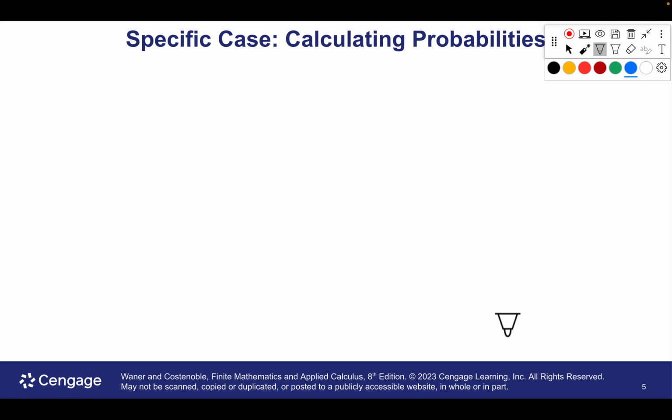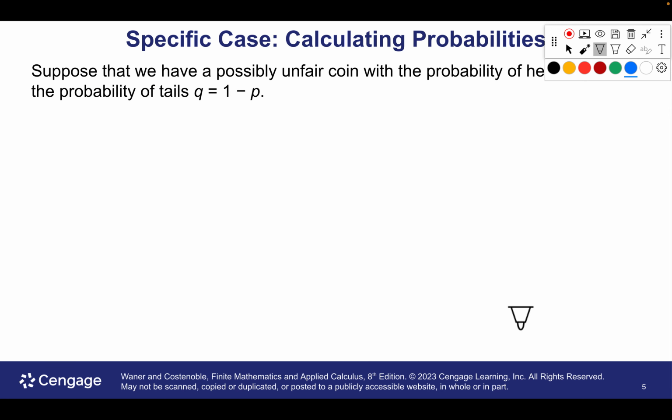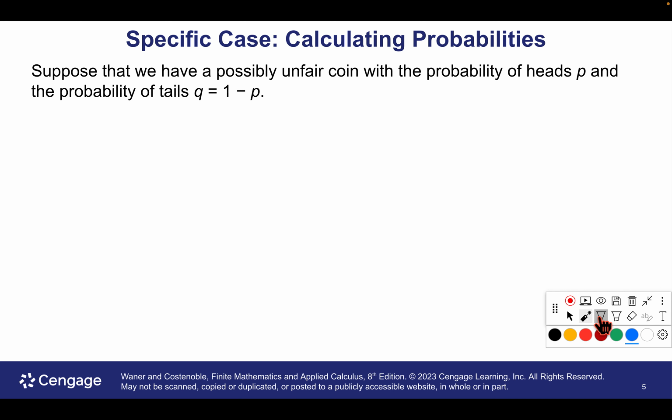So let's look at a specific case. We're going to see how we would calculate these probabilities specifically, and then we're going to generalize it into a formula so that we can use it for any case. So here is our story. We have an unfair coin, which means it's not 50-50.